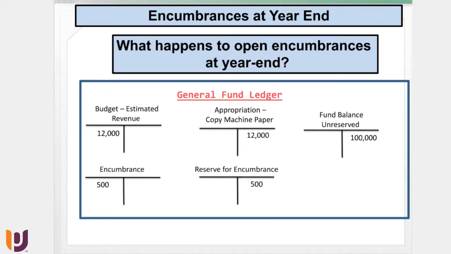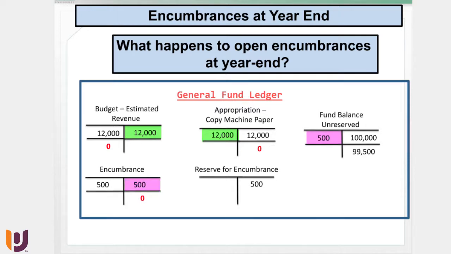What happens to open encumbrances at year end? Let's look at an example. Our appropriation was $12,000 and we have $500 open encumbrances left. We have a total fund balance of $100,000. At the end of the year, the estimated revenue and appropriations accounts will be closed out.